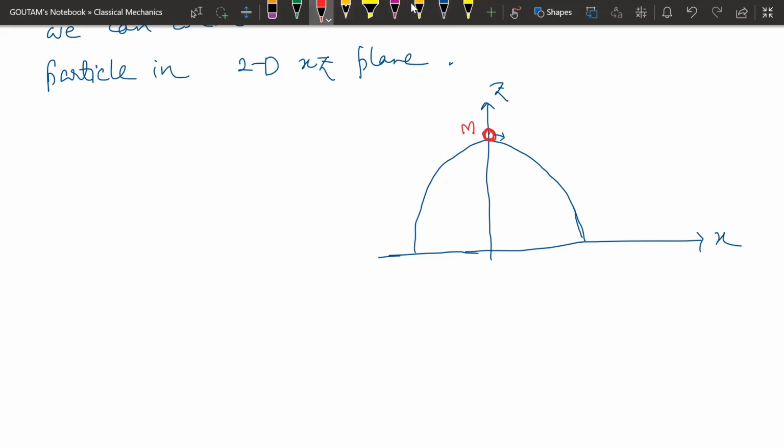After that, it starts falling, and after some time, the particle is at this point. The angle made by this particle with the vertical axis is theta, and its position from the middle point, the origin O, is given by r.